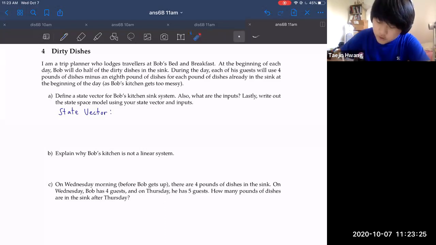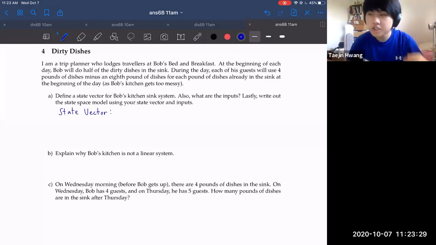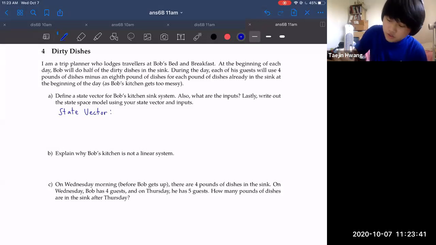We have a variable, or we have kind of the dishes the guests use. Yeah, that's a good thought. And I think really what's changing here though is the amount of dirty dishes.